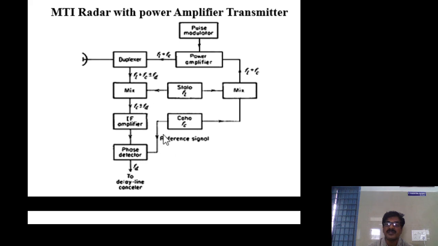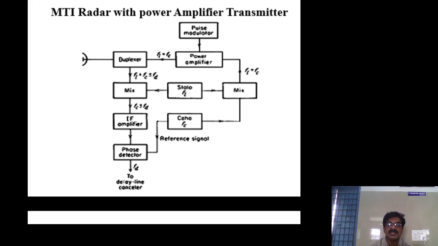So the phase detector output is only the Doppler frequency shift, which is then connected to the delay line canceller. After that come the blocks that give the output to the A-scope display or PPI. In the PPI case, generally these delay line cancellers are used.